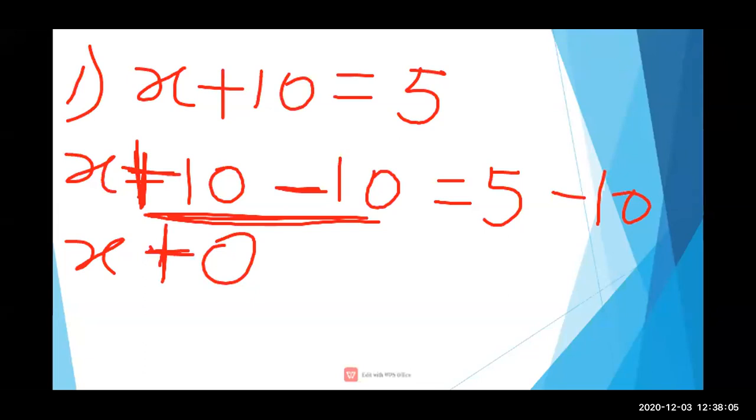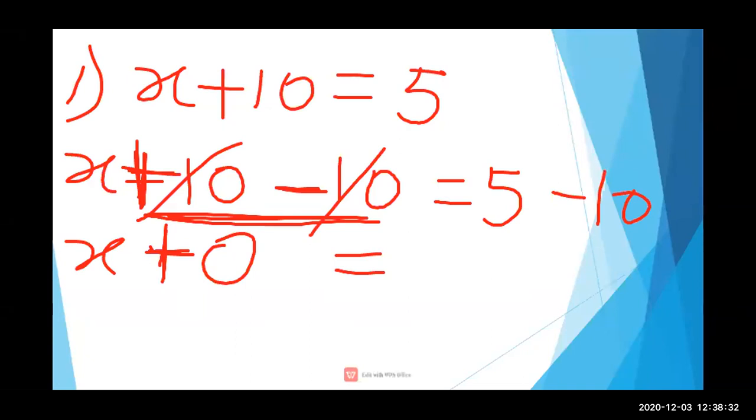Or else, the second method, you can see the number and cut like this also. So here x plus 0 equal to, now 5 minus 10.